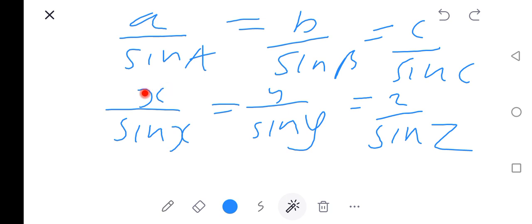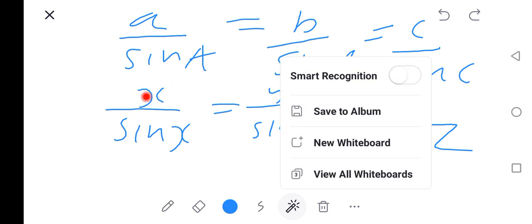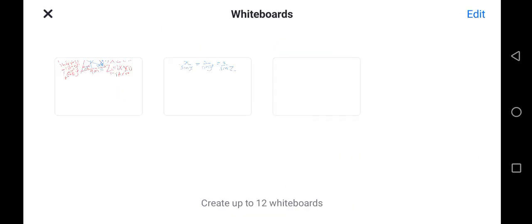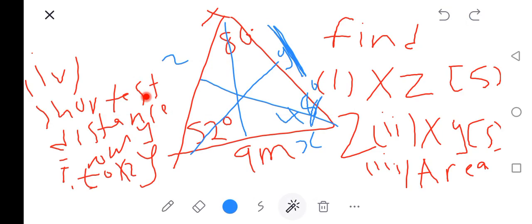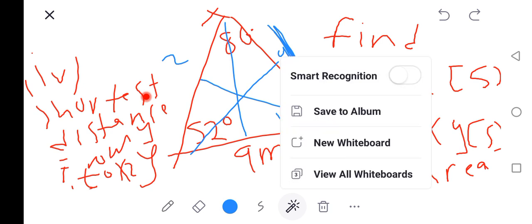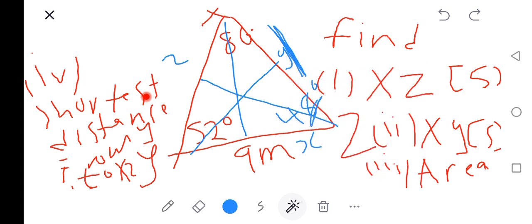So let's indicate our x here from our diagram. Our x is 9 meters. Our big x, our small x is 9.